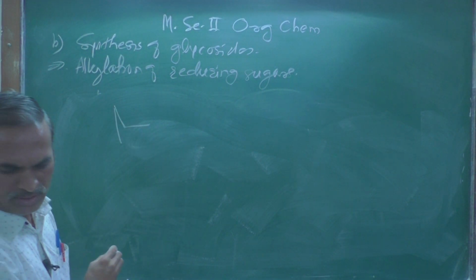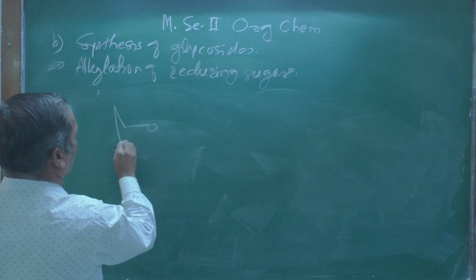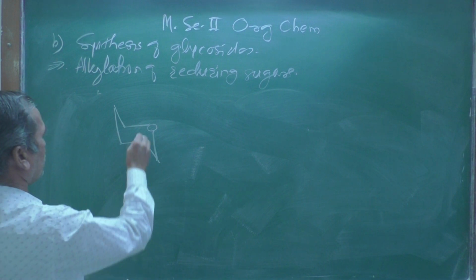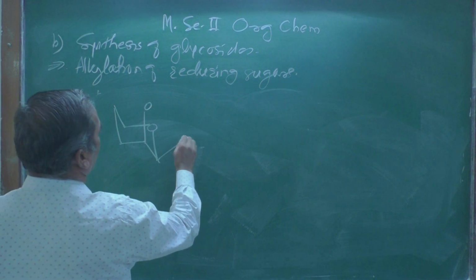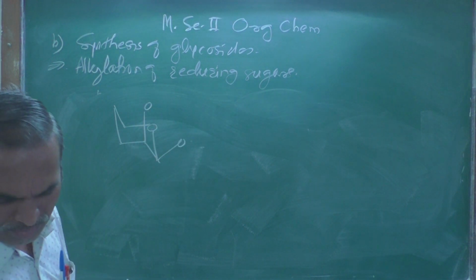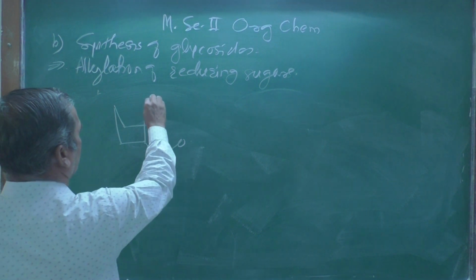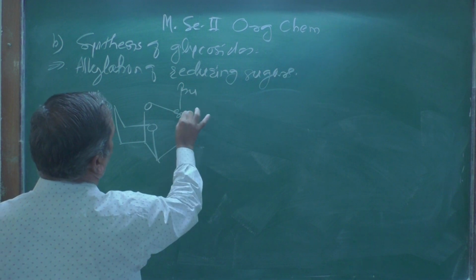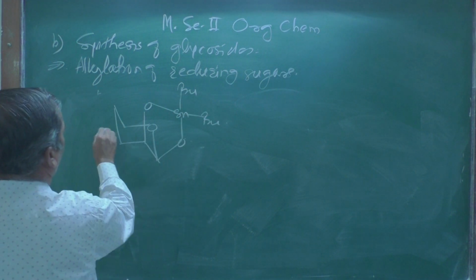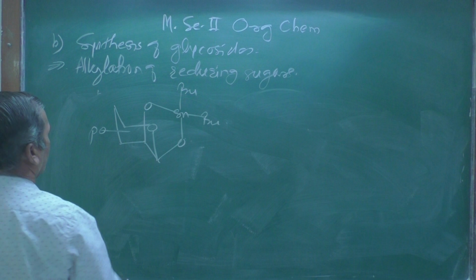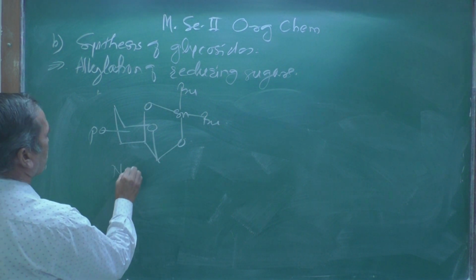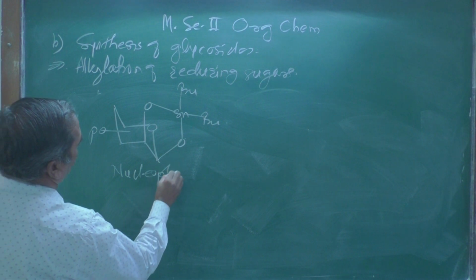This is the structure I am showing over here. Here O, then O, here may be SN, then a butyl group, here also a butyl group, and here as usual is a PO, and this acts as a nucleophile.